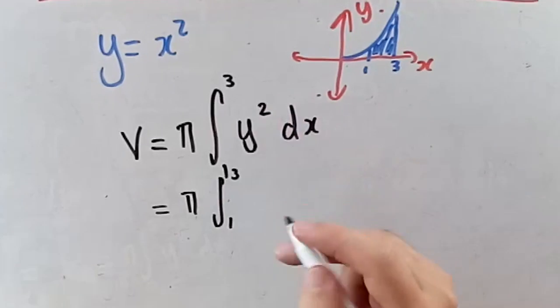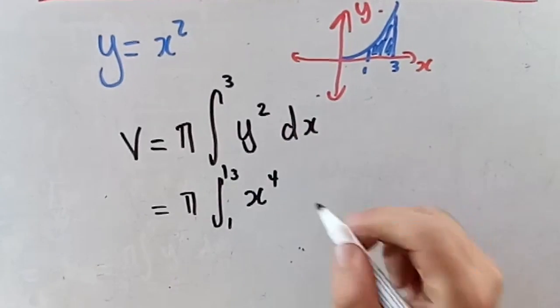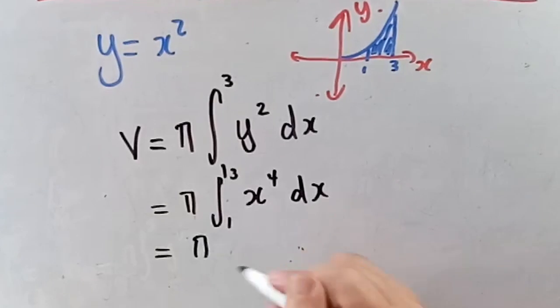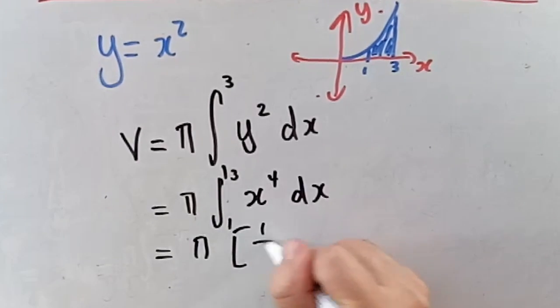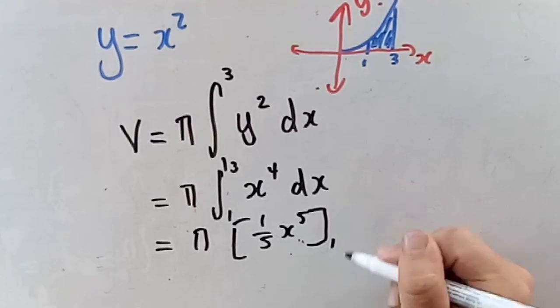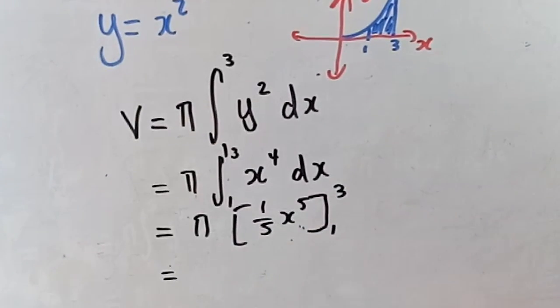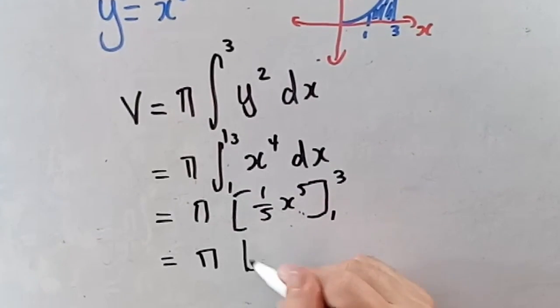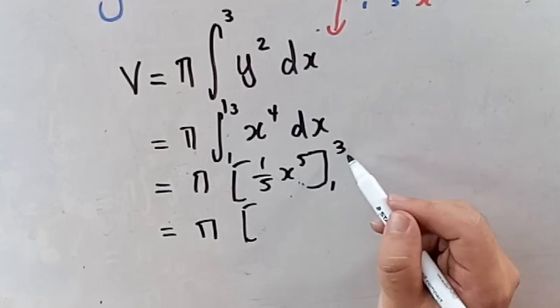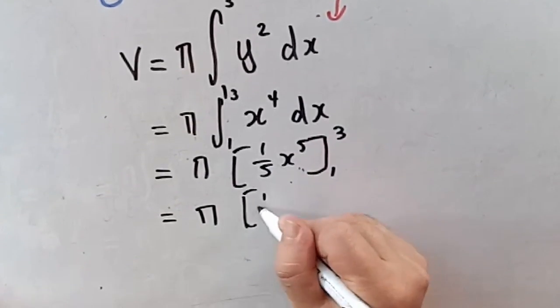This is x squared squared, so this is x to the 4th dx, equals, okay, pi, let's do the integral. That's just 1/5 of x to the 5 between 1 and 3. So we get pi times 1/5 of, oh, hang on, what do we get here?